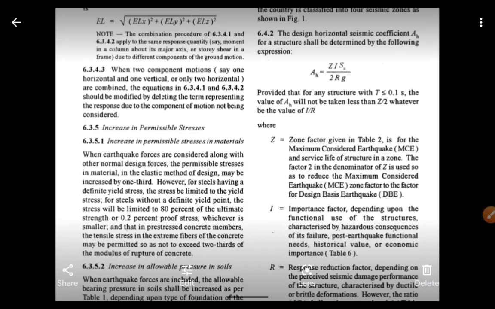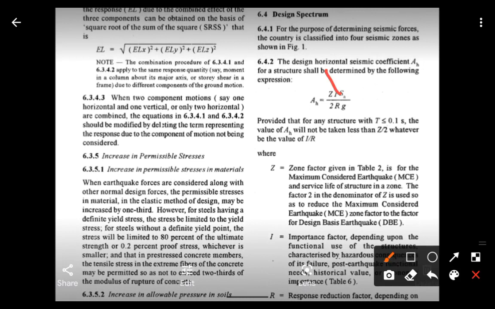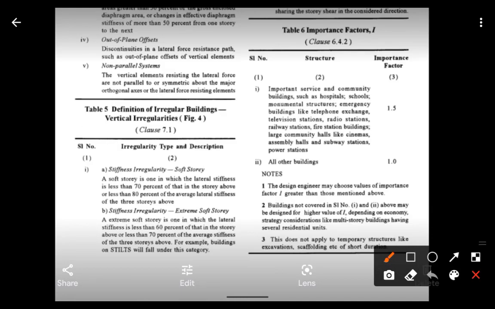The next value that we need to find is I. I we can find from table number 6. This is table number 6, from where we can find the value of the importance factor.